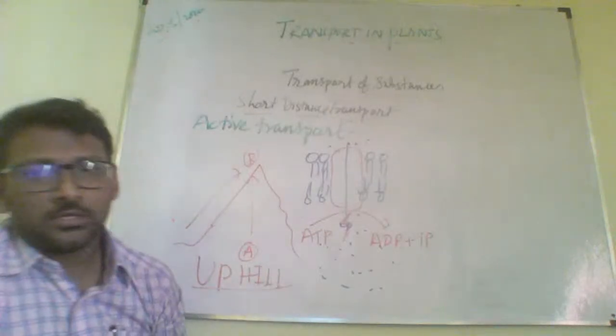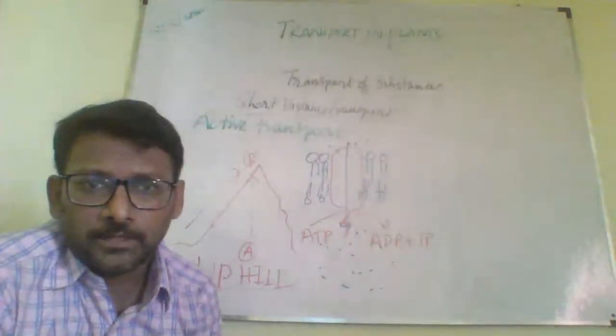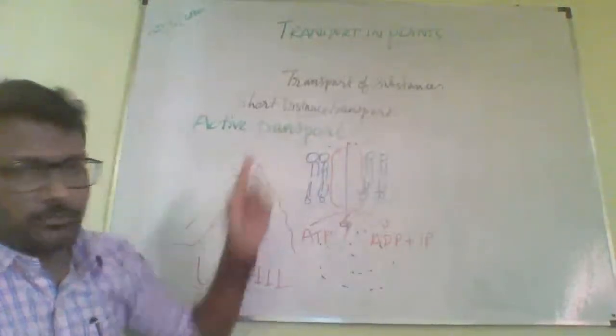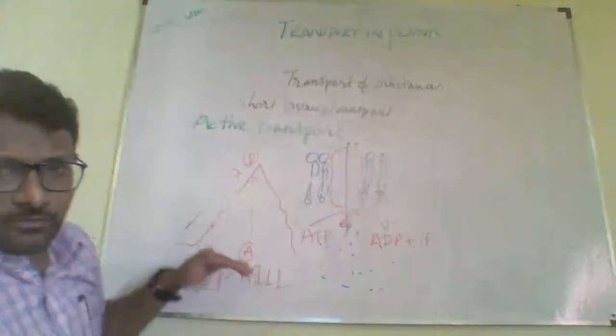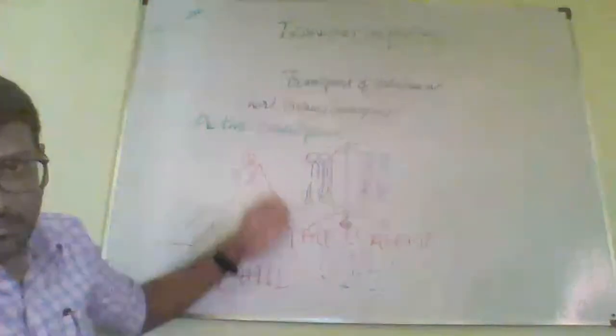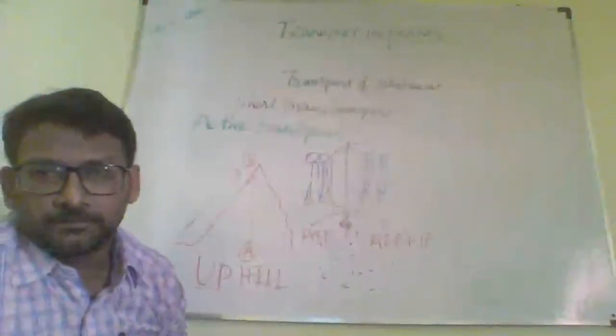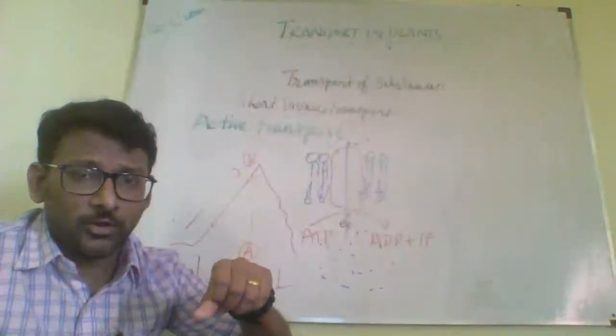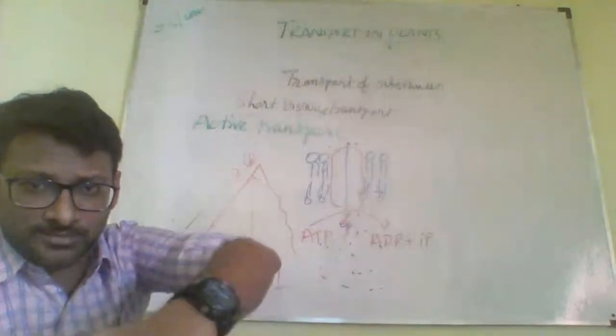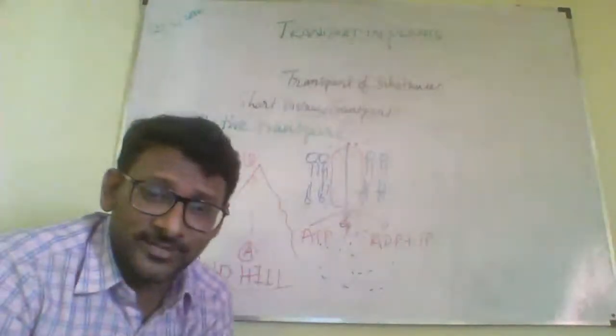Can you tell, is A to B movement easy or B to A movement easy? We have to move from A to B. This is a hill, or a mountain. Which consumes more energy? For example, you are on a bike and there is a slope like this. What will we do?